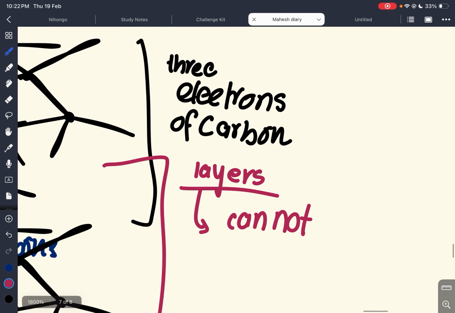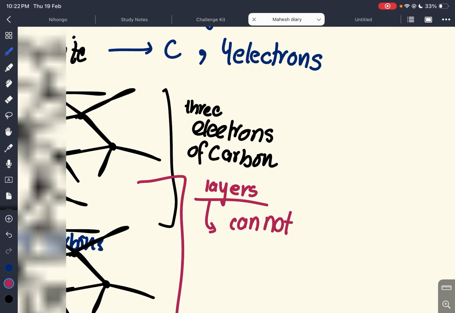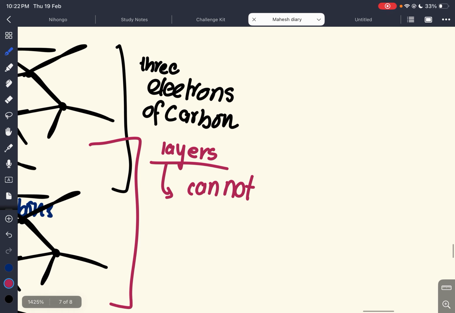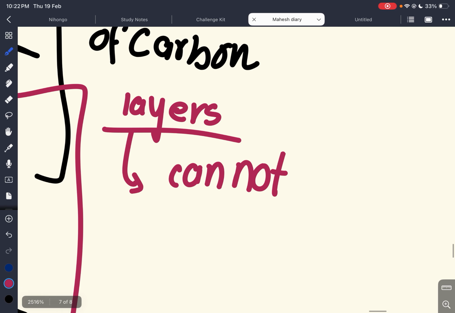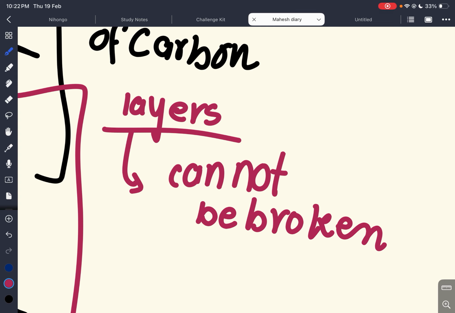We learned before that simple covalent bonding is brittle, soft, it can be broken easily. But in giant bonding, you cannot break it. Why? Because it has layers which cannot be broken.